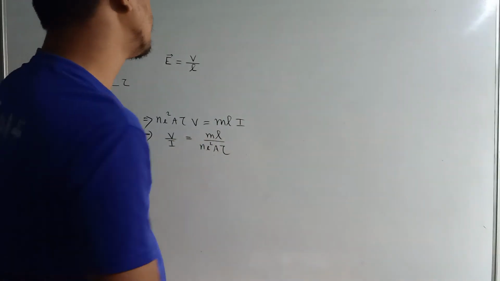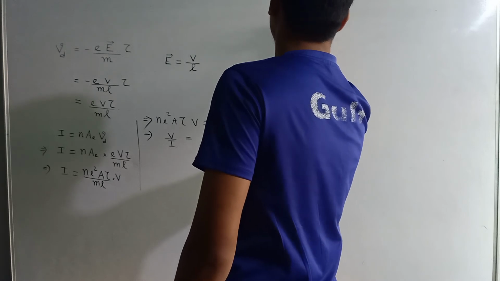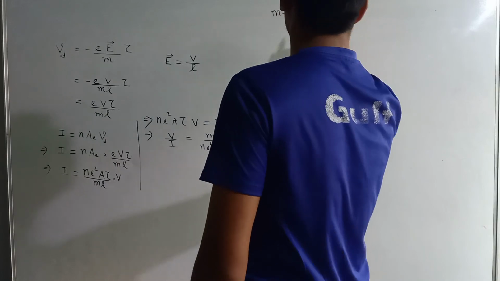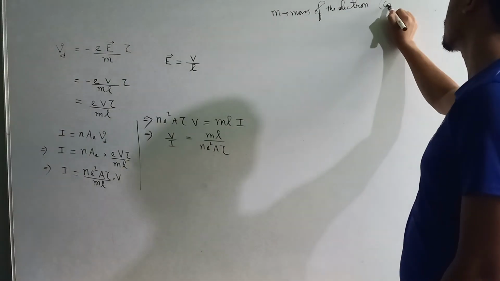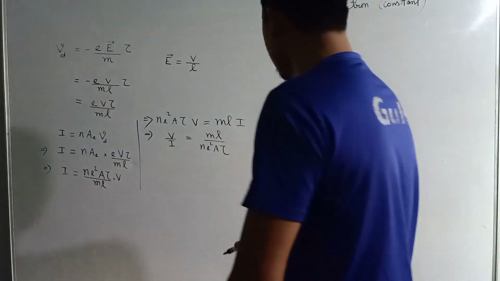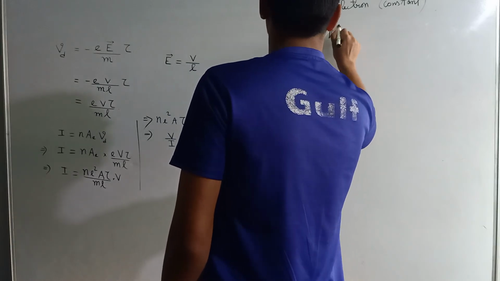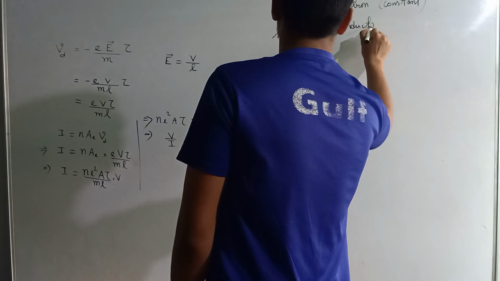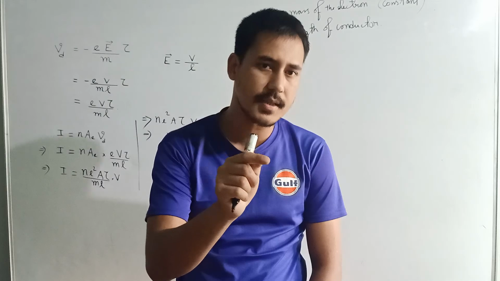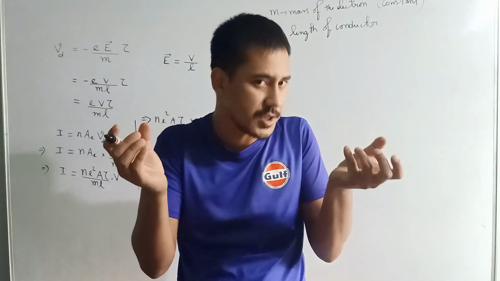Now, m means mass of the electron, and mass of the electron always remains constant. It is always a constant quantity. L means length of the conductor. See, length of the conductor can be varied. But if the temperature remains constant, then there will be no linear expansion.